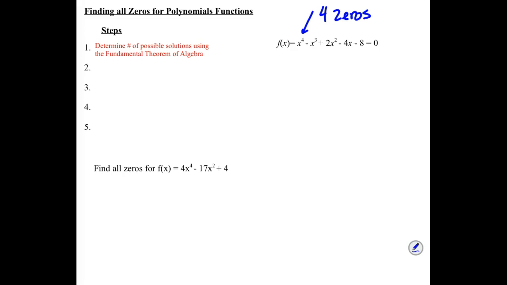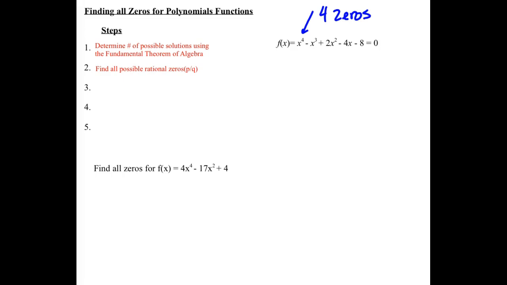Our next step is to make that list. Okay? If you want to abbreviate that, just list possible rationals. All right? List our possible rational zeros.